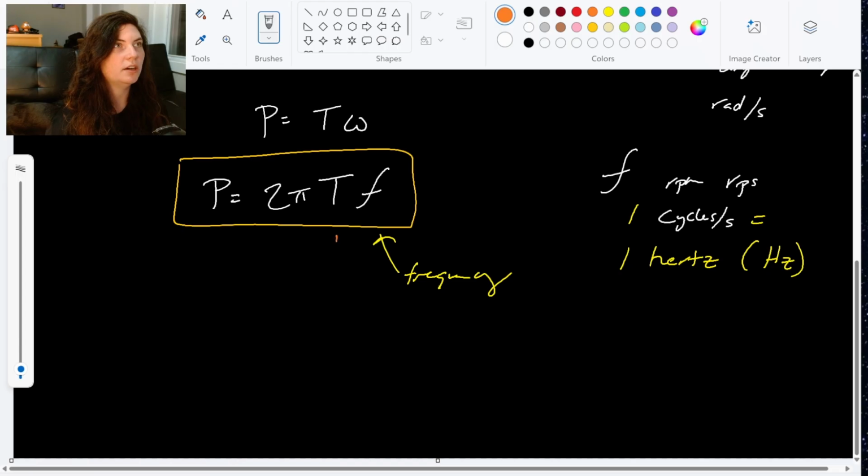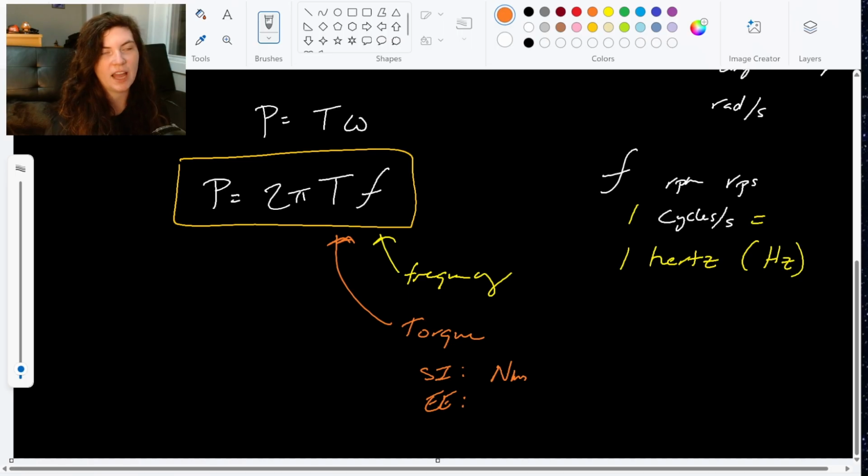Our torque here, you're going to see in SI units as Newton meters, as we're used to. And in English units, English, engineering, US customary, FPS, you'll hear it called all those things.